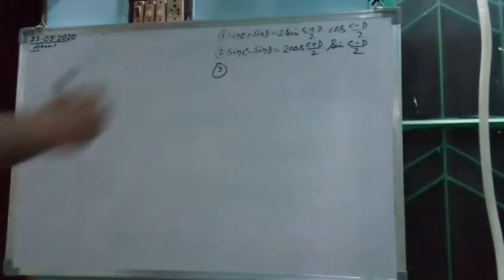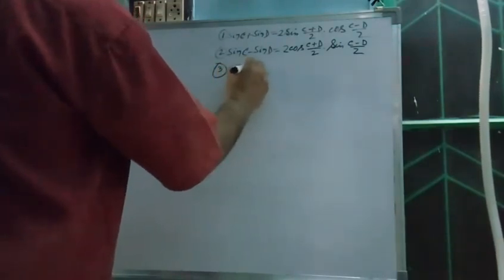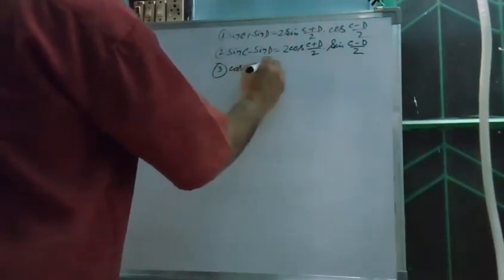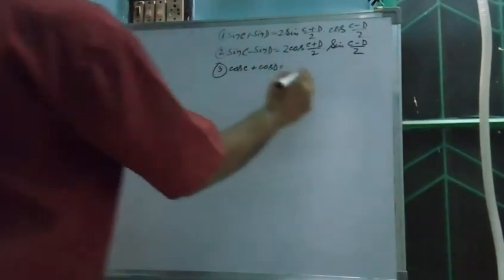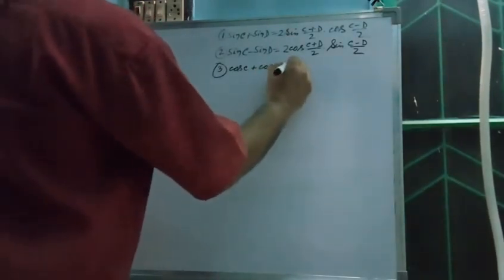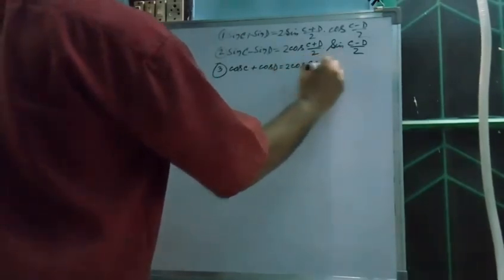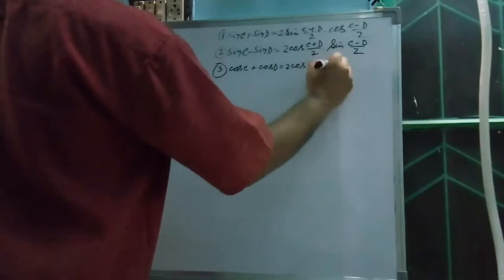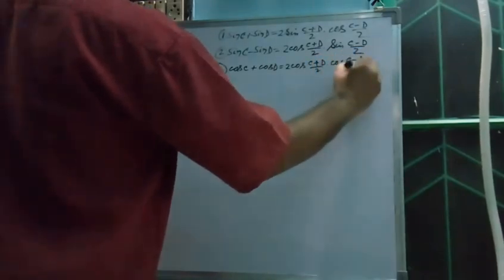Similarly, cos c plus cos d is equal to 2 cos (c+d)/2 into cos (c-d)/2.